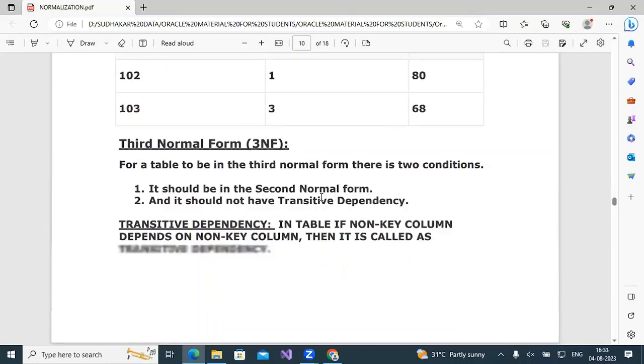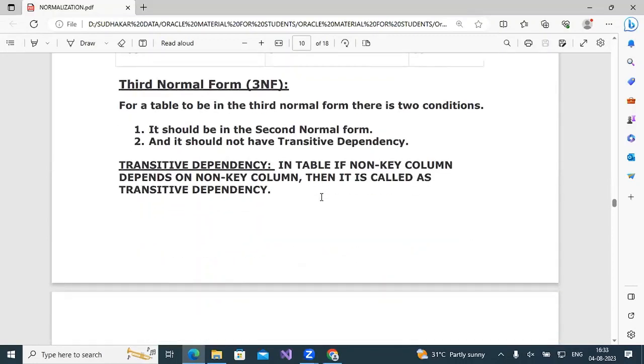Now coming to the third technique, what does it tell us? If your table wants to satisfy the third level, the third form, your table should again satisfy two conditions.